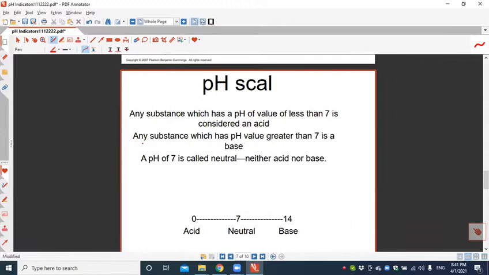Before going to that, we need some background information about the pH scale. The pH scale is from 0 to 14. From 0 to 6.9, anything less than 7, is called acid. If greater than 7, it's called base. At 7, it's called neutral, like distilled water.